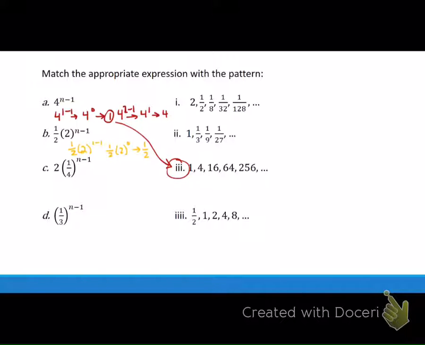Which means that one is? 4. Good job. Then do 2 times 1/4 to the 1 minus 1, which is to the 0 power. What is that? It's 2. So that goes with that one.